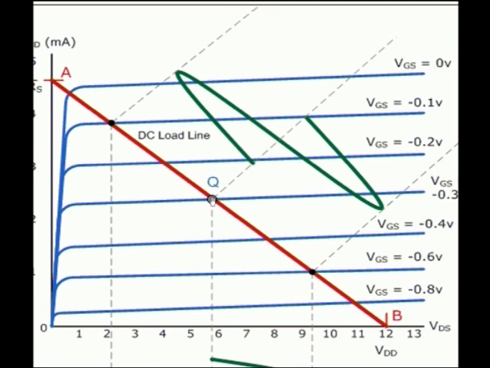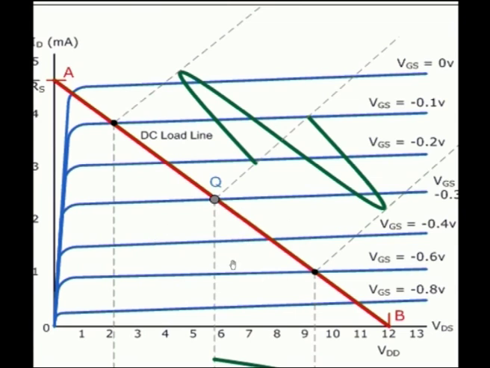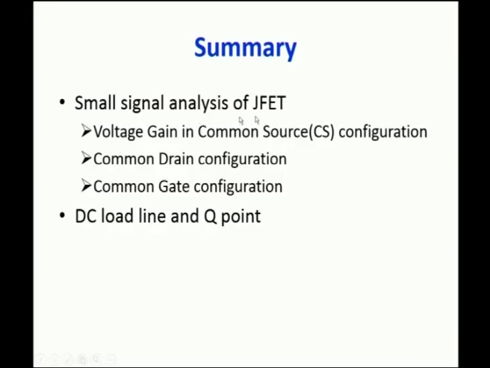If you select this, then only the output will have all 360 degrees for a full wave input in a class A amplifier. So, we know the location of the Q point for the remaining amplifiers. Accordingly, we can select the Q point on the DC load line in the output characteristics of the transistor.